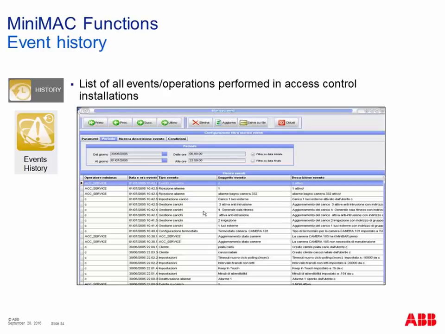It's very important in terms of security, since in one of the columns you have the list of users that performed each operation. I will show you later that it's possible to create different users in MiniMAC, and it's highly recommended to create additional users from the beginning and not only the administrator one, which is the default.